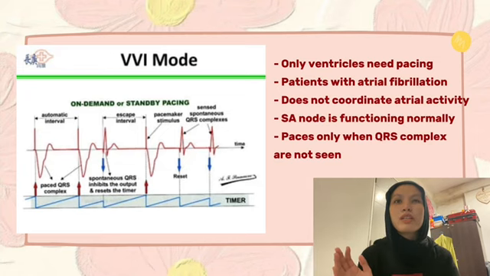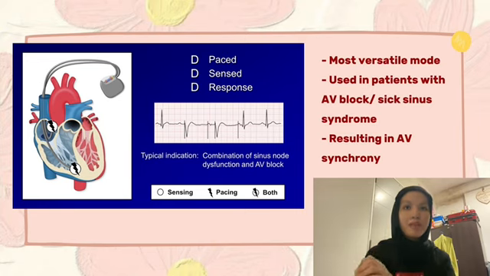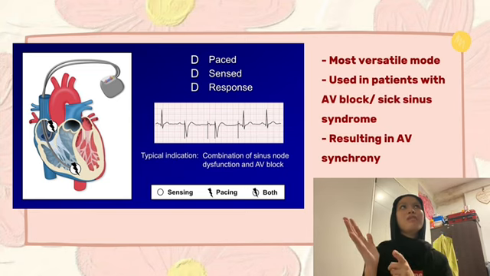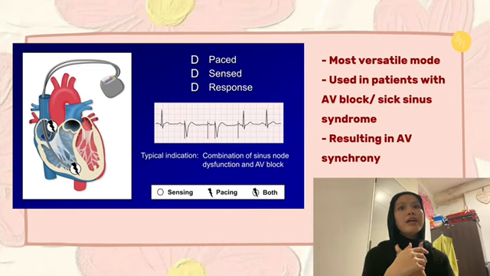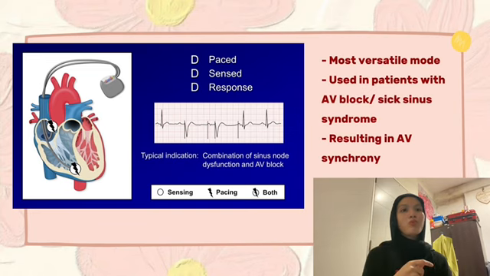Alright, the next one is dual chamber pacemaker, where the common mode is DDD, dual chamber pacing. The first D means that it paces both the atrium and also the ventricle. The second D means that it senses the P wave and also the QRS complex. And the third D means that it either inhibits or triggers pacing depending on what it senses.